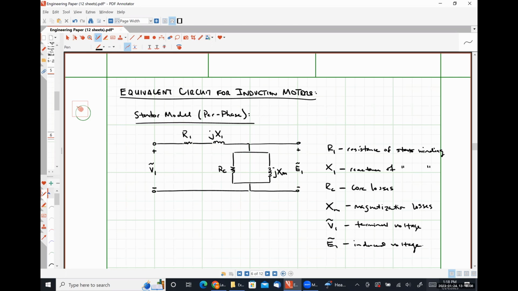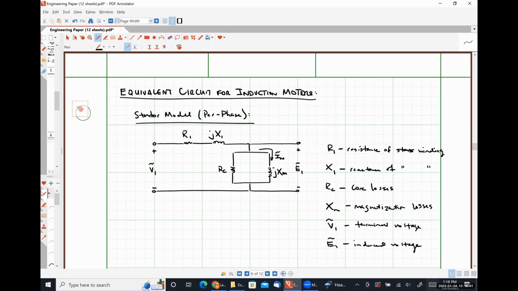Now that may not make intuitive sense, but our magnetization current, IM, is going to be much larger because the reluctance of our air gap is so much larger than the reluctance of our core. And that larger reluctance means we're going to have a smaller reactance. Okay.